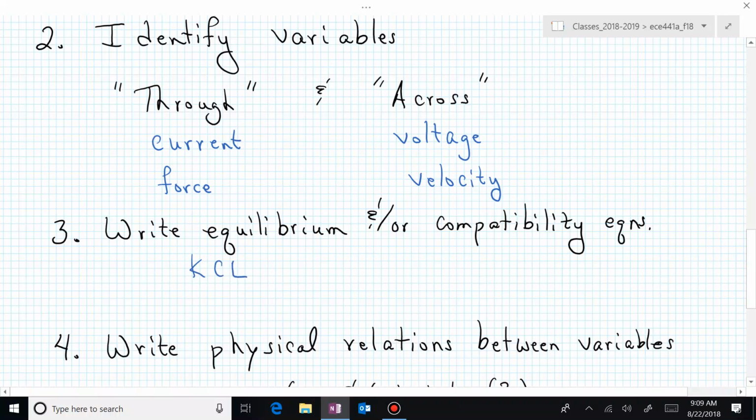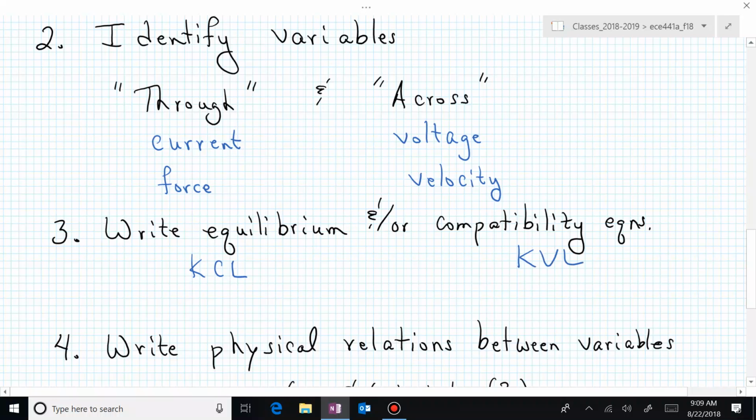The sum of currents in equals the sum of currents out. KCL, right? Kirchhoff's current law. That's an equilibrium equation. What about if we're walking around a mesh in a circuit? That's KVL. That's a compatibility equation.